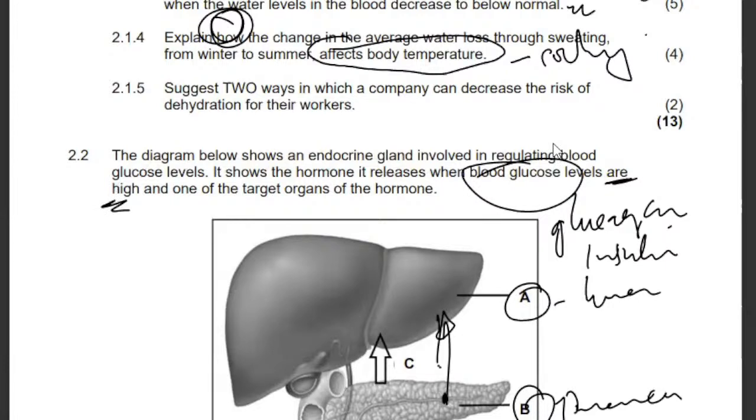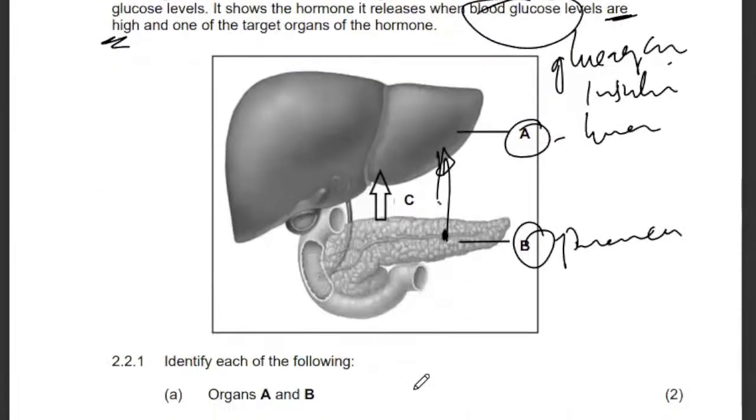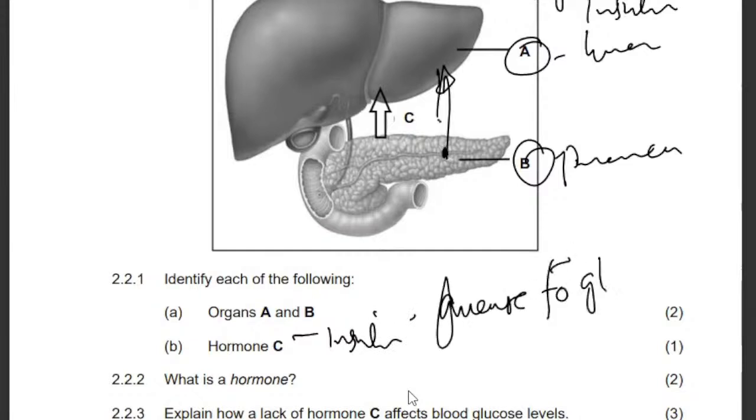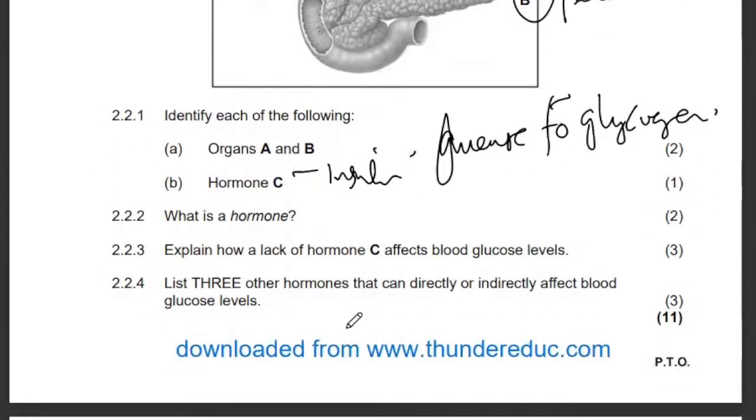It's the liver which is converting that under the stimulation of insulin, meaning this hormone is insulin. Insulin will stimulate the liver to convert glucose to glycogen. So what is a hormone?